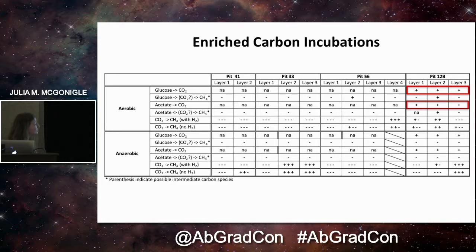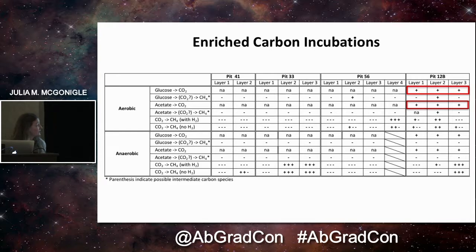So in these same tubes right here, where I have methane production from glucose, we know that there's labeled CO2 in there. So I kind of have even more evidence that these aerobic community members are aerobically respiring glucose, turning it into 13CO2, and then the methanogens are able to use that 13CO2 in making methane.